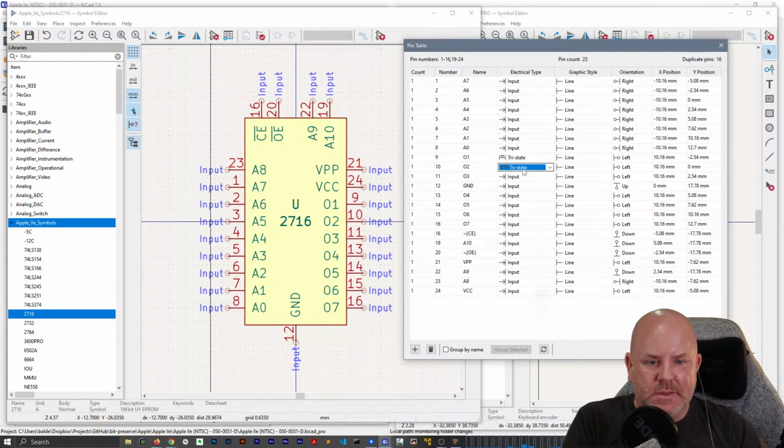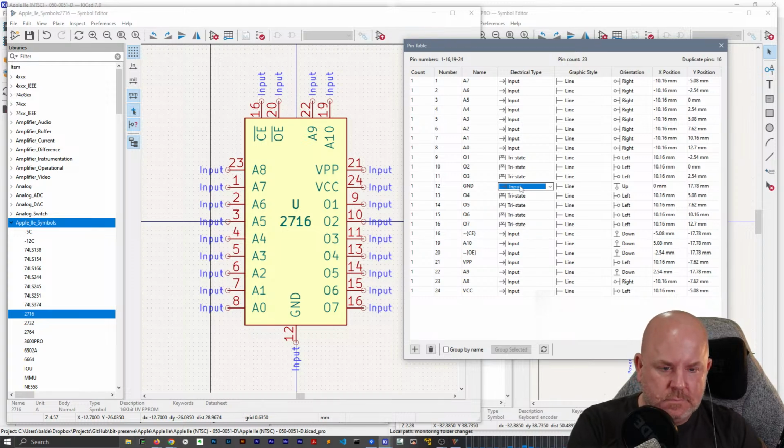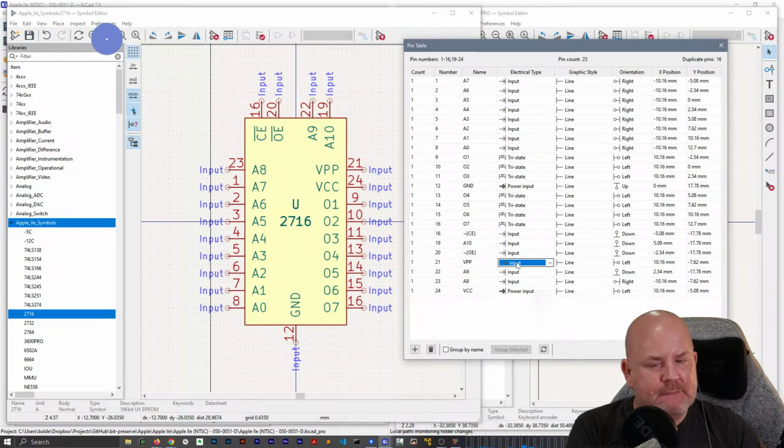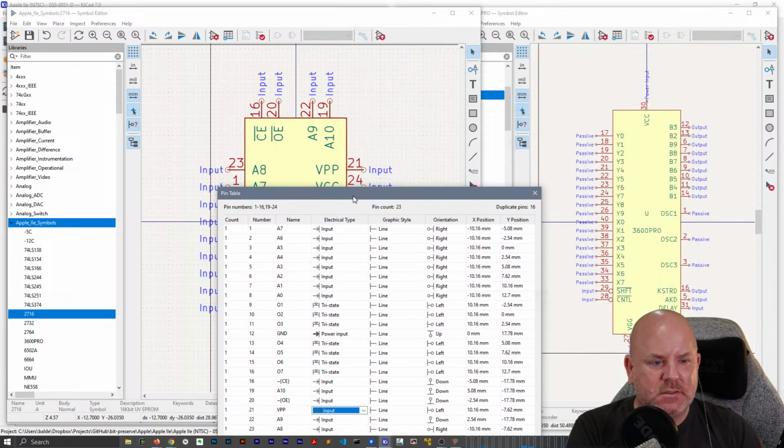Okay, so these are all going to be tri-state. VCC is power input. VPP, well, it's an input, but I don't think it's connected.